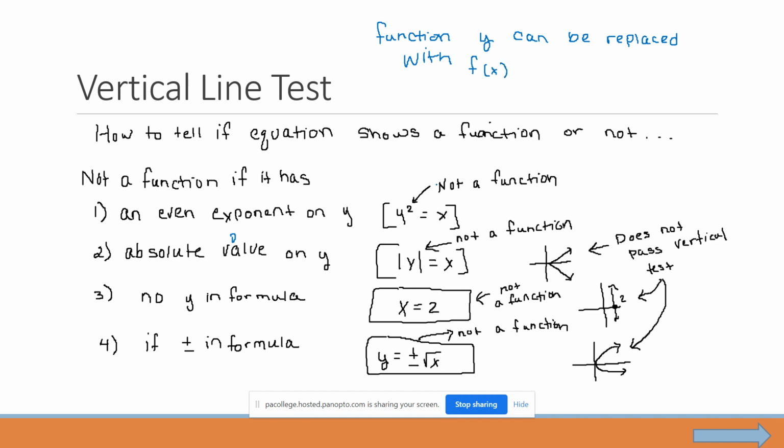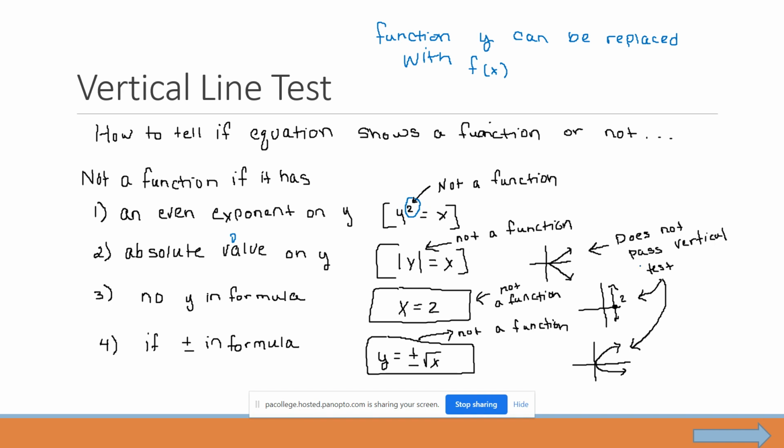And so I can quickly see that in the first example here, where there's the squared, I couldn't put f of x squared. That is weird notation. That doesn't work, and so that's not a function. I can't do that replacement of the y with an f of x. So it's not going to be able to be a function. And that kind of helps me: if something is happening to y, it's most likely not a function.